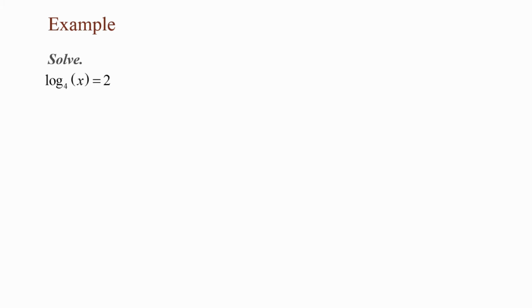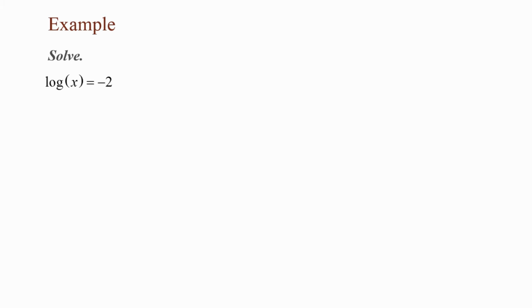In this example, we want to solve log base 4 of x equals 2. My first step is to rewrite this in exponential form. So I start with my base, which is 4. It's equal to the exponent, 2, which is equal to what's in parentheses, x. 4 squared is 16, so x is equal to 16.